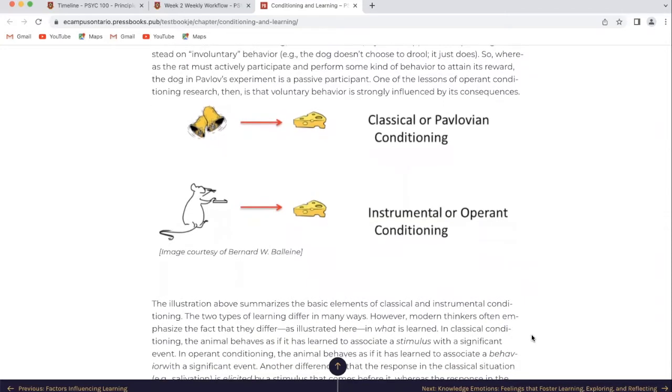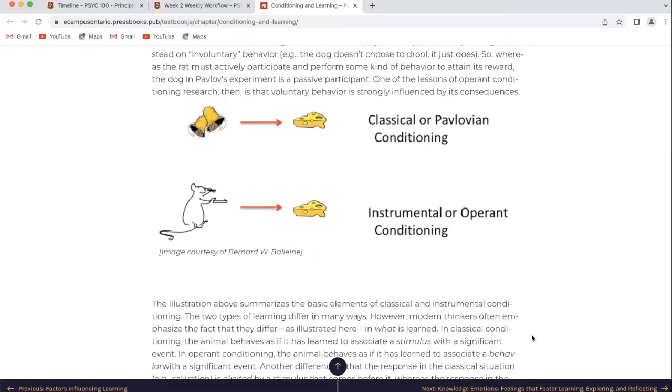They have a little illustration, if you're listening to this online, of a bell associated with cheese and a rat associated with cheese. The bell is the classical or Pavlovian condition, and the rat is the instrumental or operant conditioning. So the illustration summarizes the basic elements of classical and instrumental conditioning.